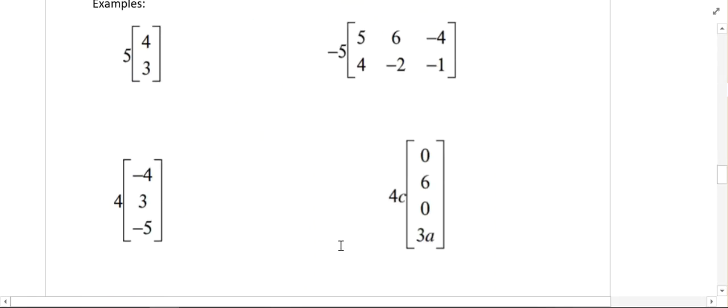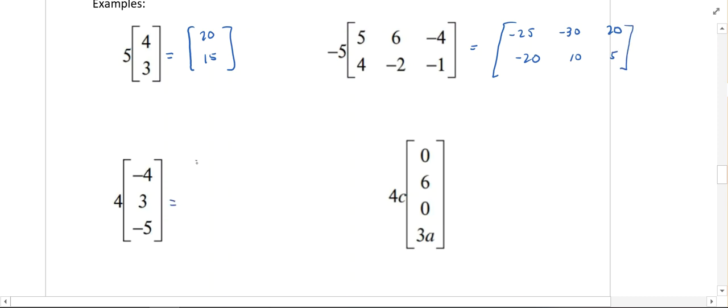And so take a moment, pause the video, and try all these examples. Did you try them? All right, so for my scalar multiplications, I'm going to have 20, 15, negative 25, and on this last one, notice I have variables in there, but it's fine.